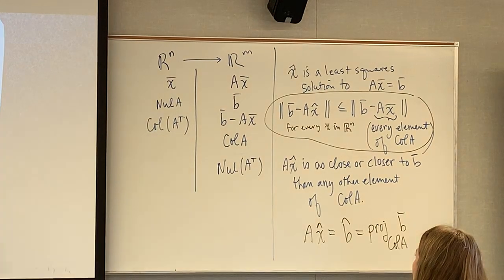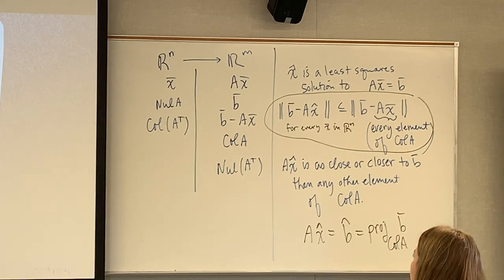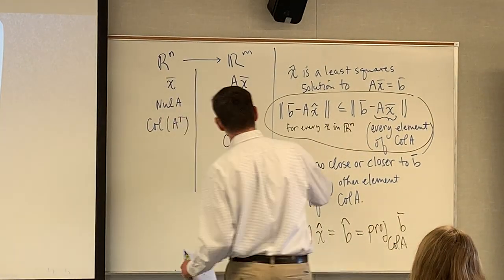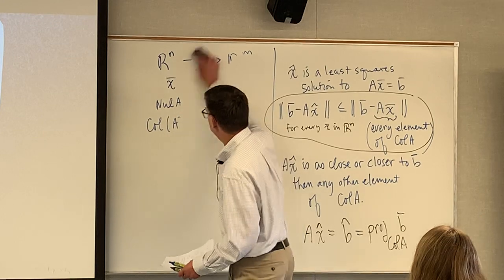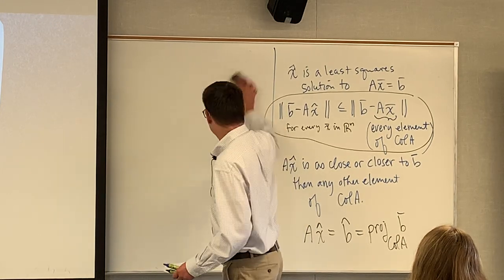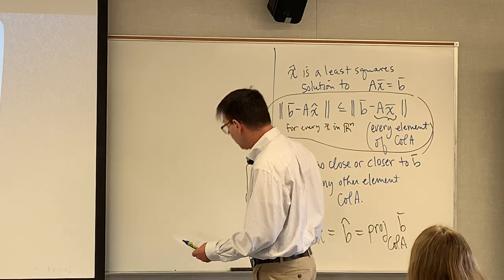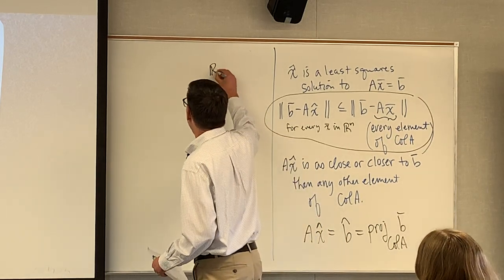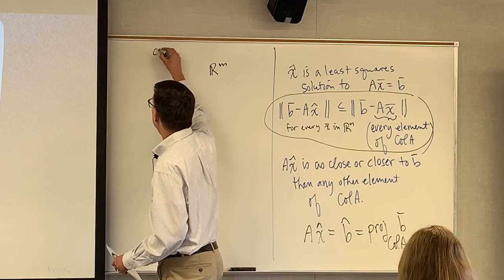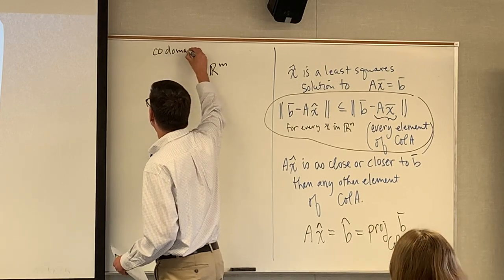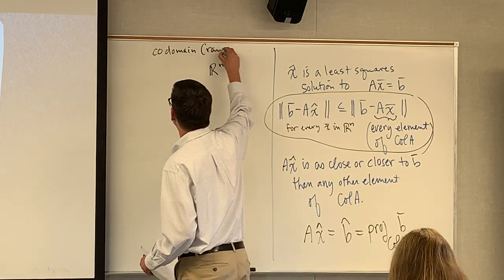Now I want to draw a picture of this too. It's all symbols right now, and I need some space, so let's stop. So we're just going to look at R^m, which is the codomain of the linear transformation, or the range space.